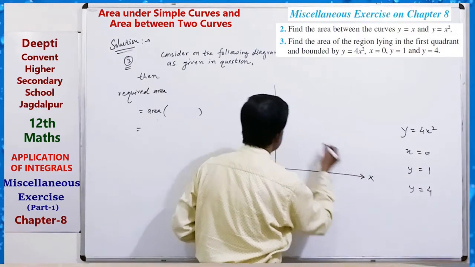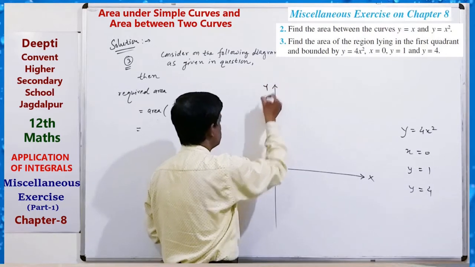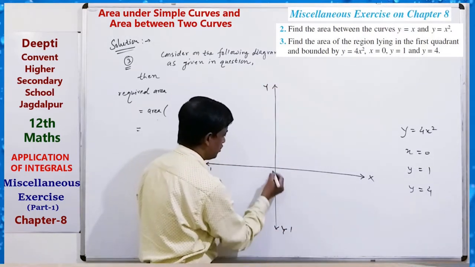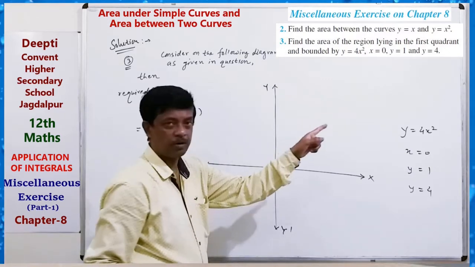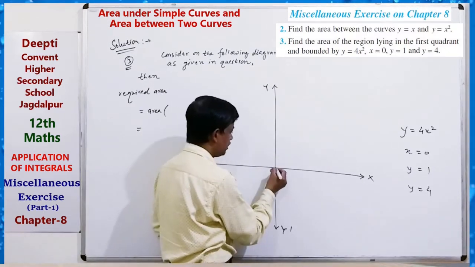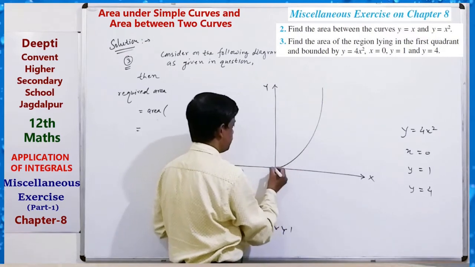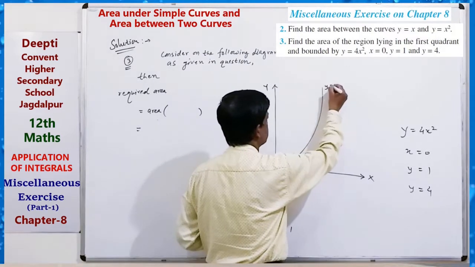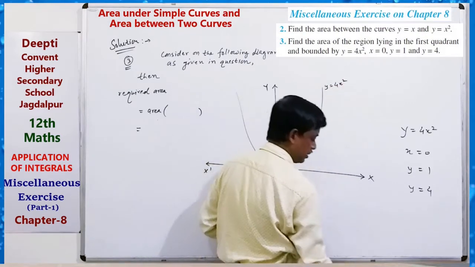So we can draw the diagram like this. This is the x axis, this is the y axis. Okay, origin, upward parabola. So we can write this, y equals 4x square. Clear?